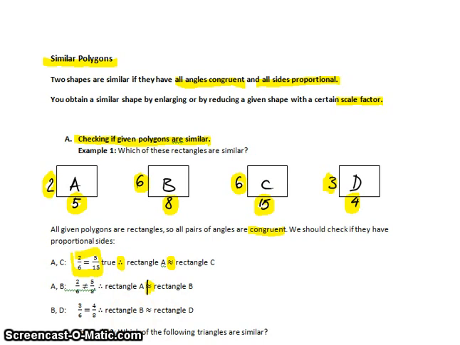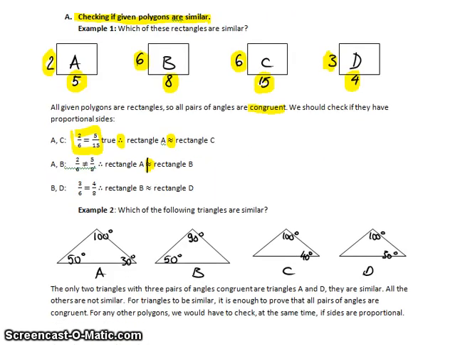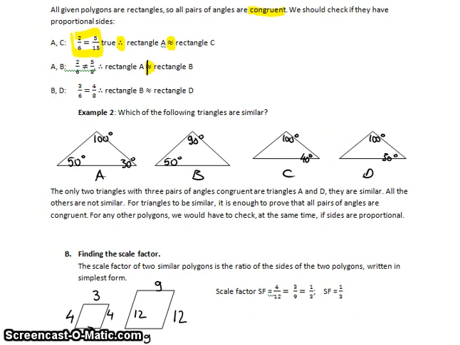Example 2. This time we are given a few triangles to check if they are similar. If we look at the angles in these triangles, we're looking for triangles that have 3 pairs of congruent angles.